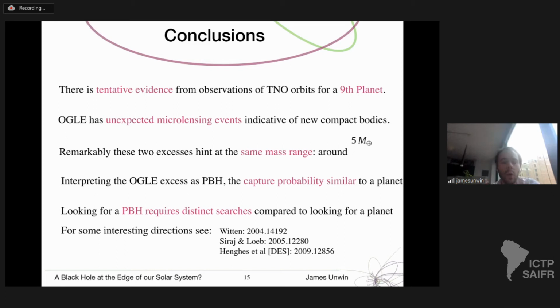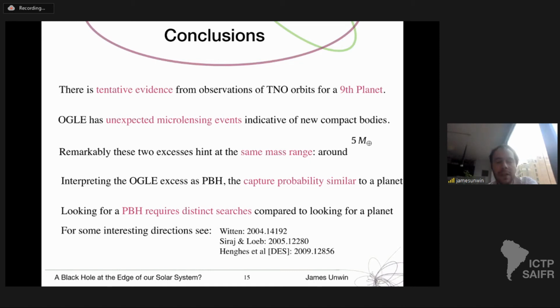But really, one of the most interesting things about this is that if you take this seriously and you think that there's an object in the outer solar system, and you don't restrict yourself to think about planets, that tells you that the way you would search for this could be very different. If you're searching for this as a planet, you're looking essentially for reflected visible light. And people have done these searches and actually excluded a whole range of parameter space.